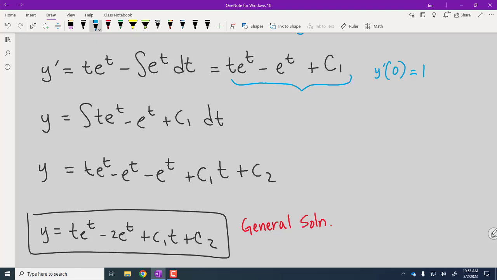That means we're going to plug in 1 for y prime, and we're going to plug in 0 for t. And so it looks like C1 is going to be 2. Agreed?